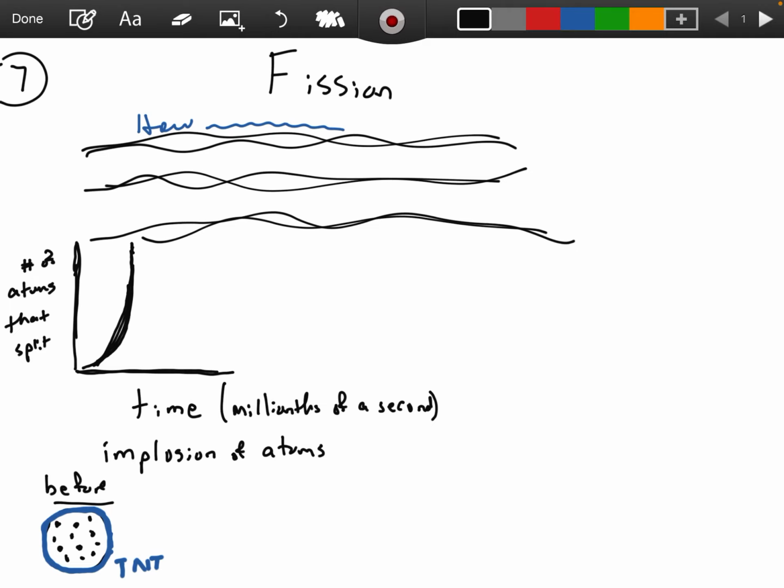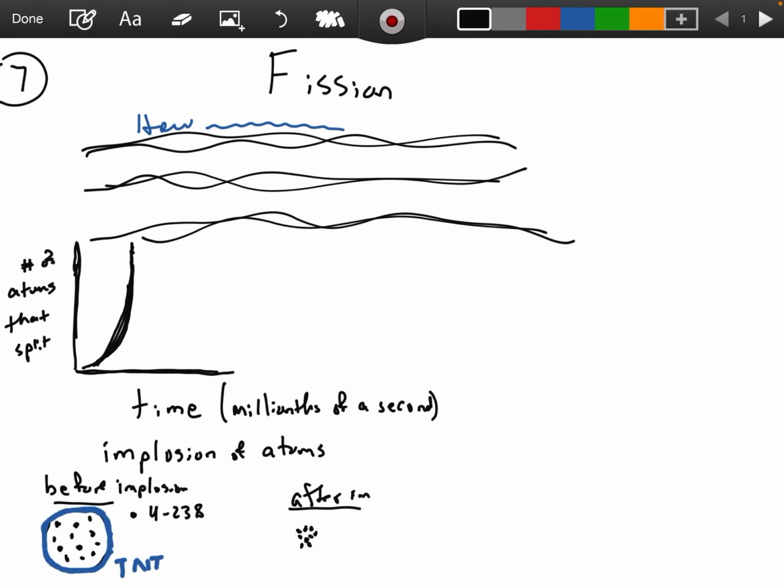And of course, this is a uranium-238 atom. And then after implosion, after we detonate the TNT, these things are all going to be really close to each other. So this is before implosion.